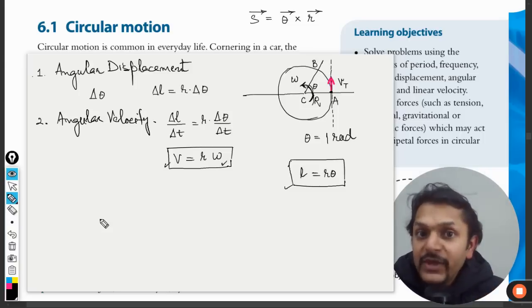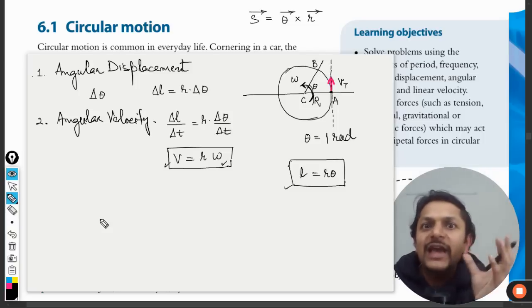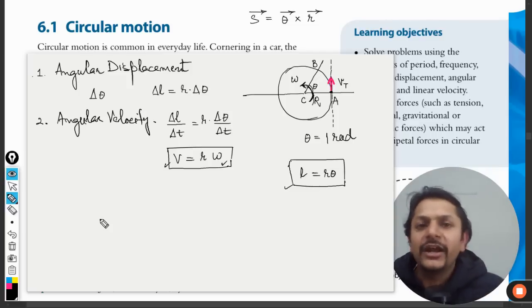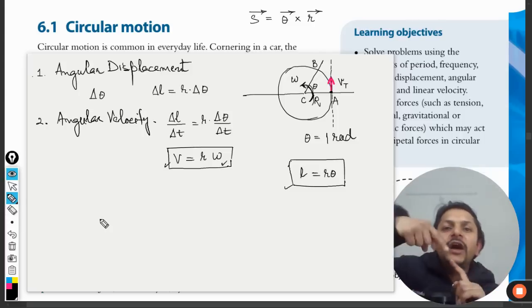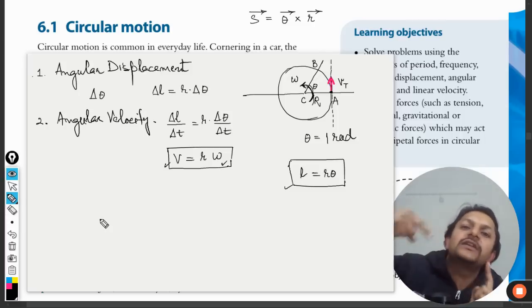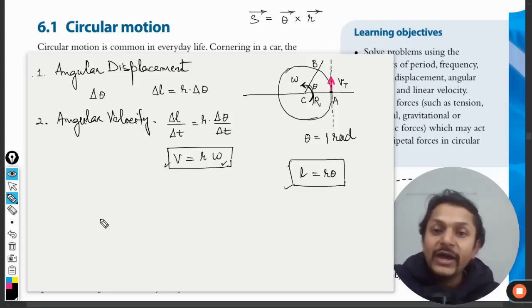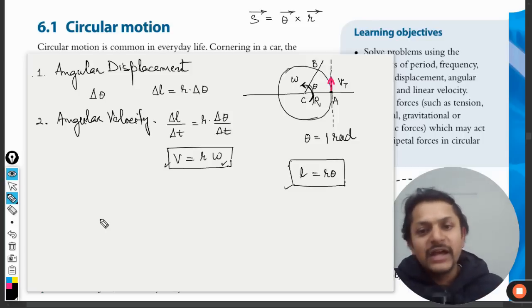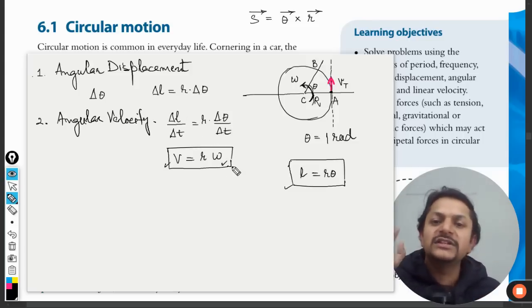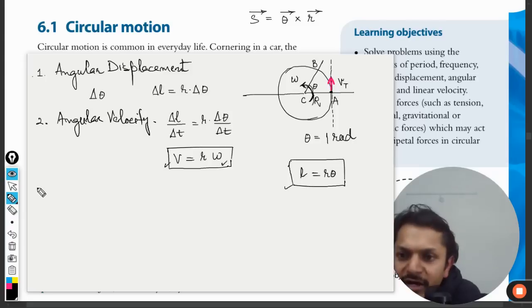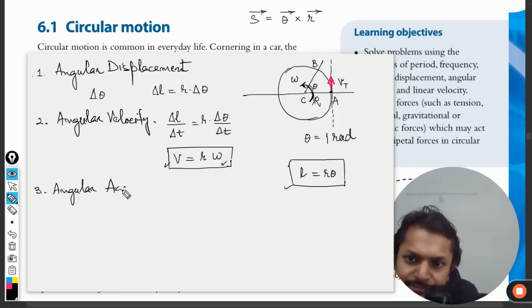It is not moving, but it is rotating. So we cannot use a unit like meter per second. We have to create a unit in terms of angle. Like in how much time is it covering one circle? In how much time are the wings covering one circle? So 2 pi angle has to be rotated in that time. That is why we define omega. So this is v is equal to r omega. Now let us go to the angular acceleration.